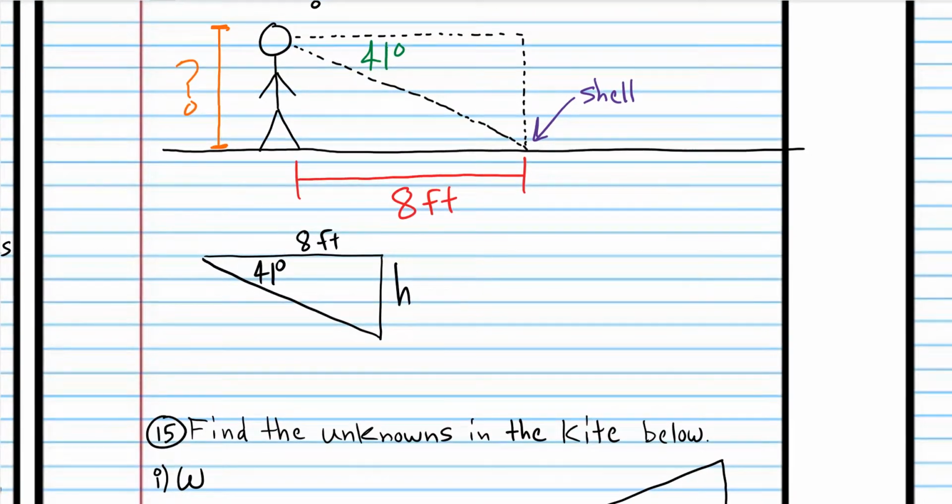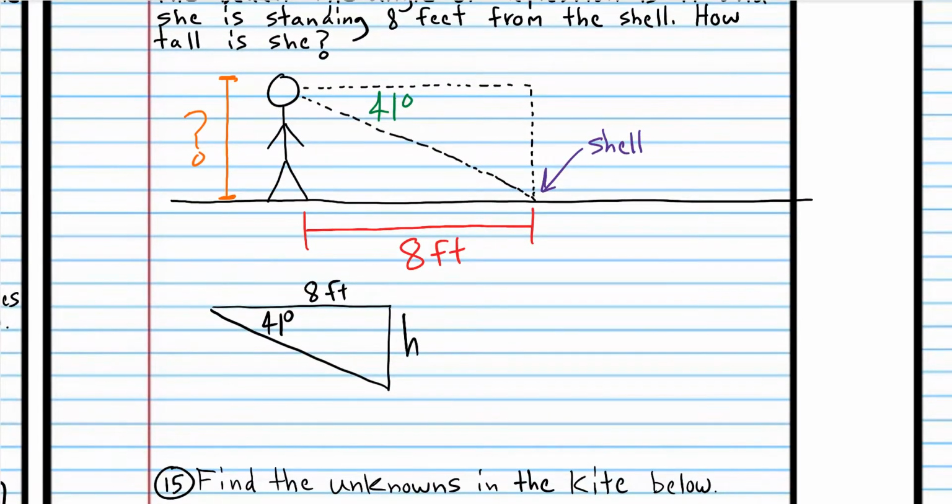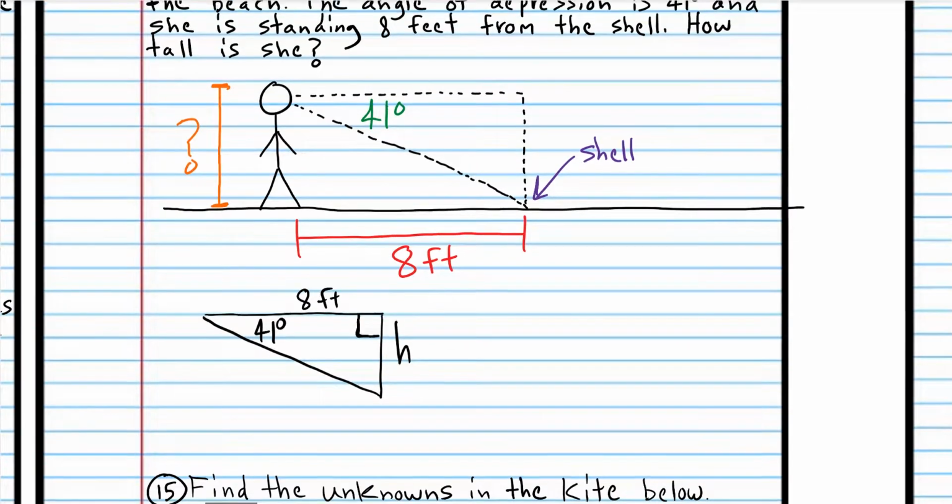Okay, so now we have a side of a right triangle. Of course, this is a right triangle because we're assuming that the ground is flat and she's standing straight up. So we need to find a relation between the side and the angle of the triangle.